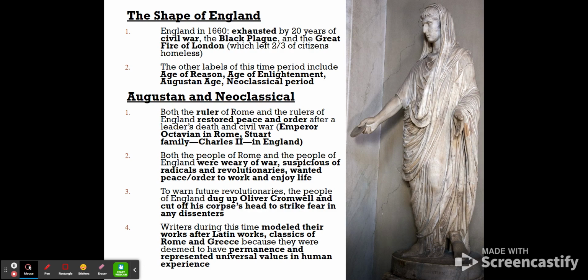So they do things to make the monarchists happy, like dig up Oliver Cromwell and chop off his corpse's head, as well as condemn to death some of the people who were responsible for chopping off Charles I's head. But it kind of stops there. They don't go on a radical purge of everybody that had been anti-monarchist, pro-parliamentarian.